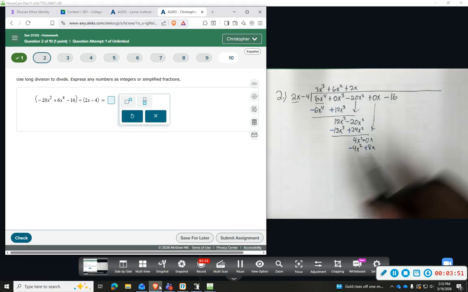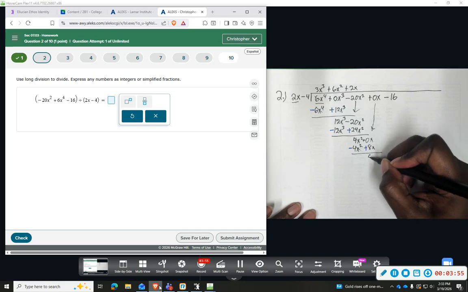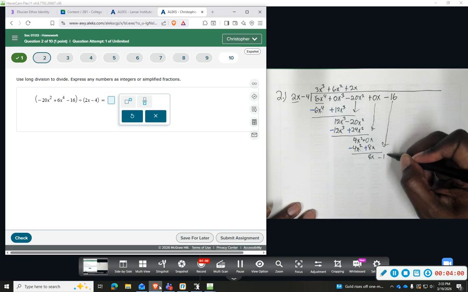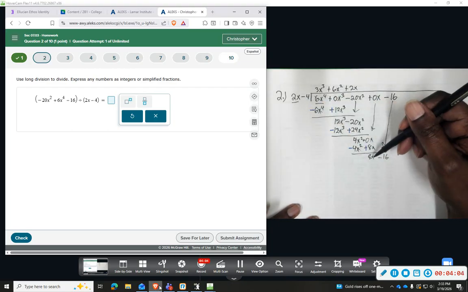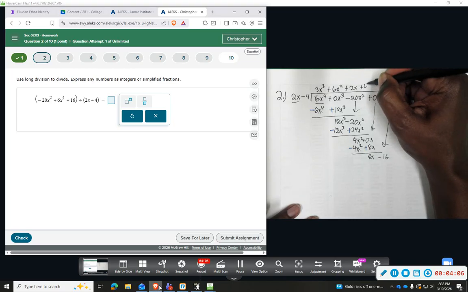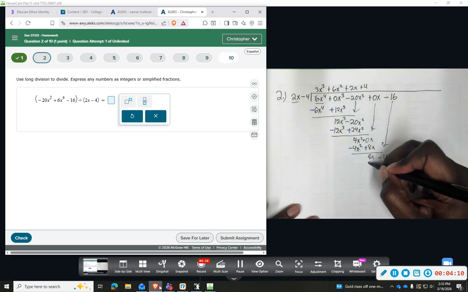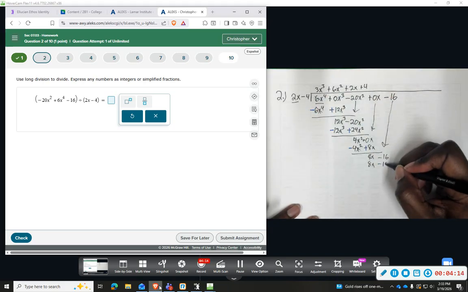And then we're going to combine these like terms. There's a positive 8x, and then bring down the negative 16. 2x times just 4 will give me 8x. So 4 times 2x, 8x. 4 times a negative 4, negative 16.